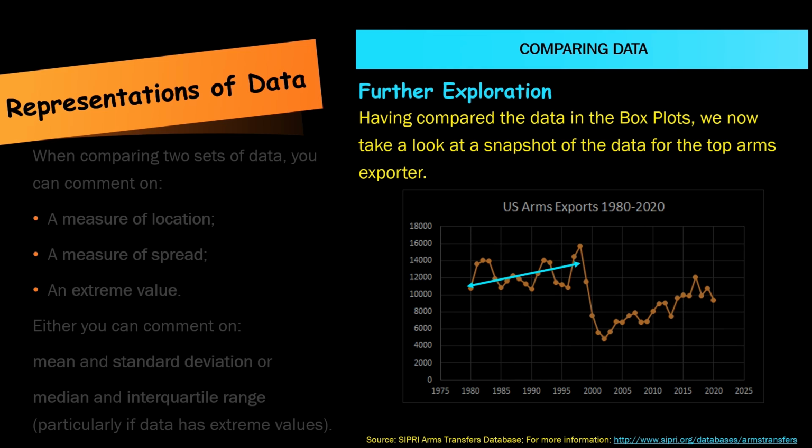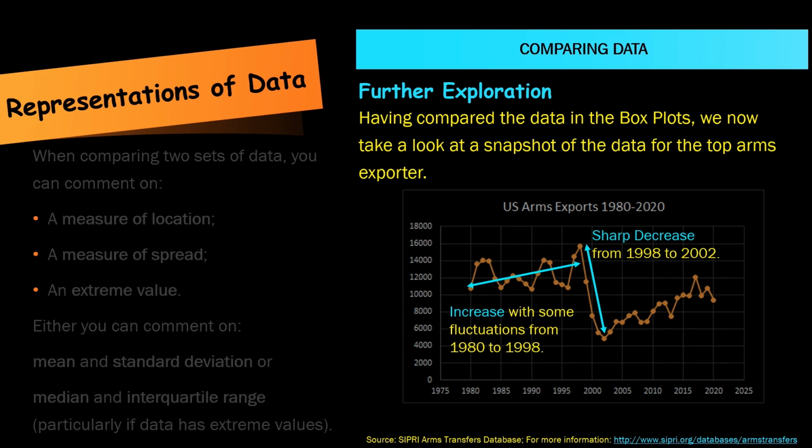Notice there's a steady increase with some fluctuations from 1980 to 1998. And then from 1998 to 2002, there's a sharp decrease. And then a steady increase again with some fluctuations from 2002 to 2020.